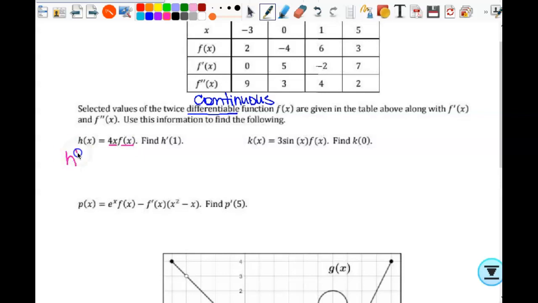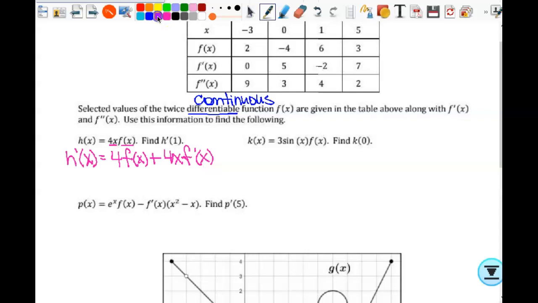So then that means that h prime of x is equal to the derivative of the first. What's the derivative of that? 4 times the second, f of x, plus the first, which is 4x, times the derivative of the second, which is f prime of x.